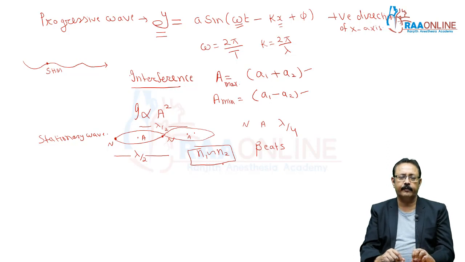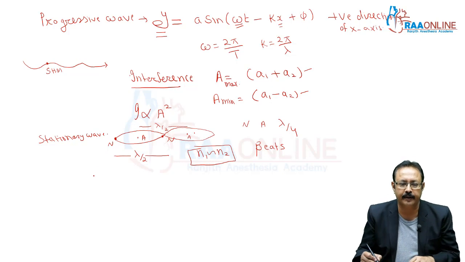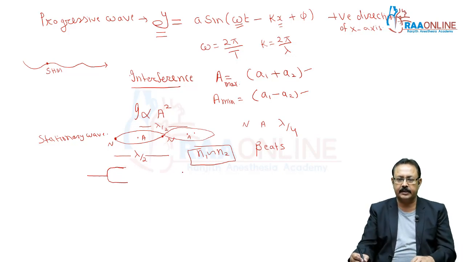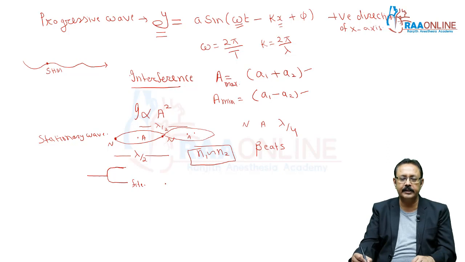Regarding beats, one important point is that if you are sounding two tuning forks together and there is a difference between their frequencies, you will hear beats. But when you file the arm of a tuning fork, its frequency will increase.